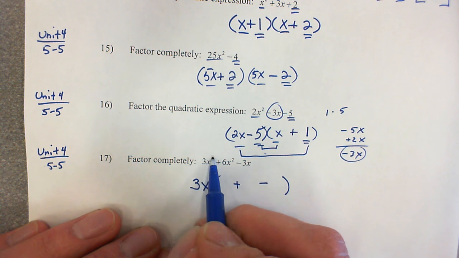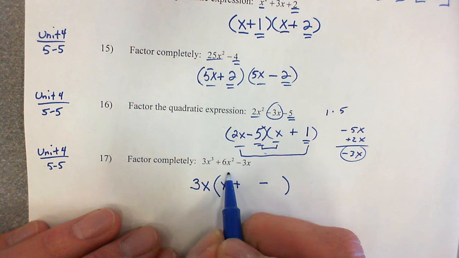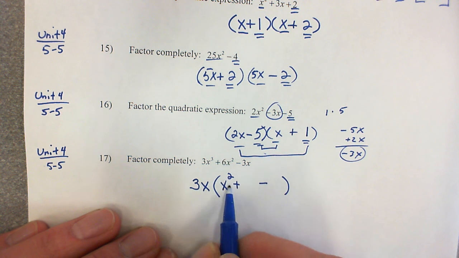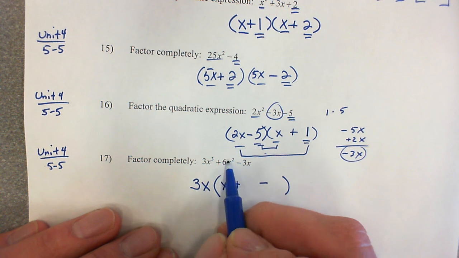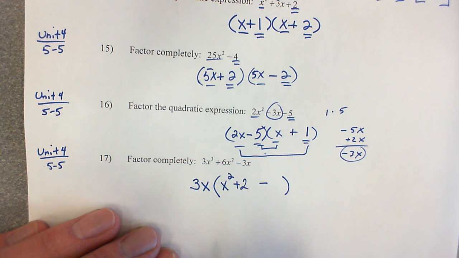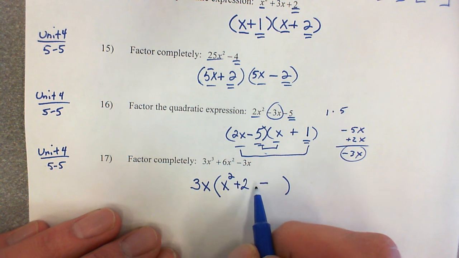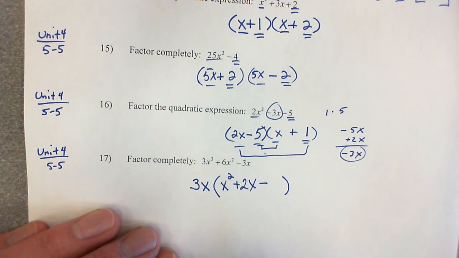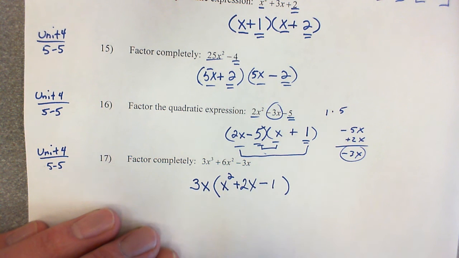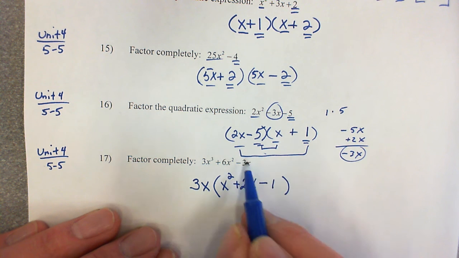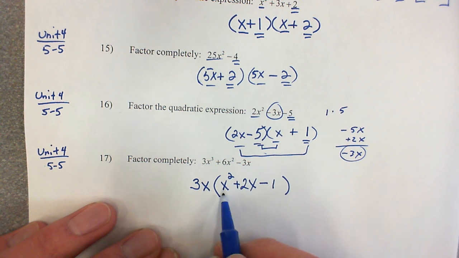So we're going to take the 3x out of 3x squared, which is just going to leave you with an x squared. Remember, this times this better get you back to that. So take a 3 out of a 6. That goes in twice. Take an x out of x squared, leaves you with an x. And then how many times does 3x go into 3x? It goes in there one time, or 3x times 1 is 3x.